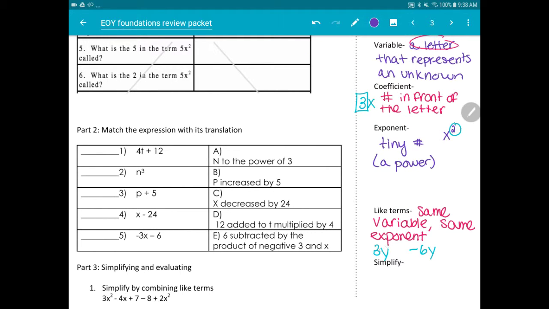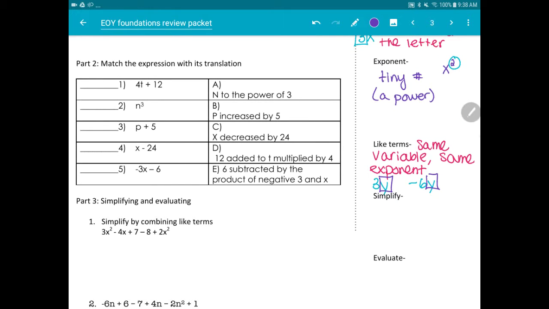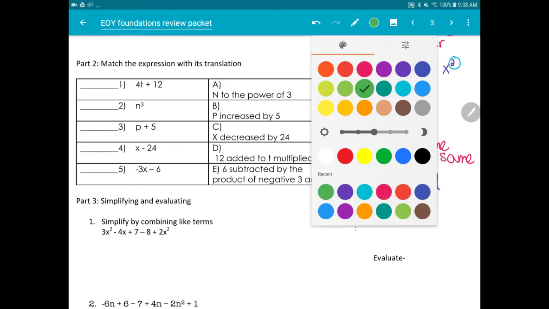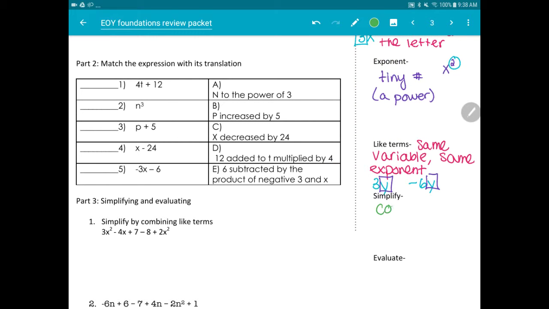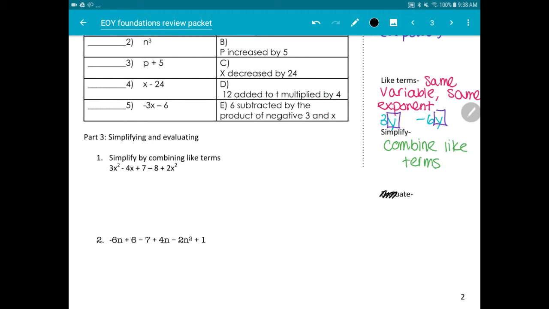They both have y and they don't have an exponent of a bigger power. Okay, when we say to simplify, we are talking about combining like terms. And I'm going to cross out that last one because we didn't get to it in this unit, but you will see it later on.